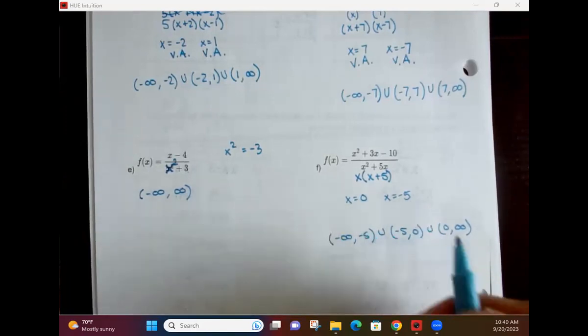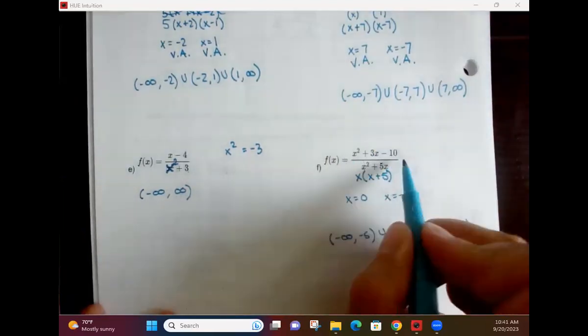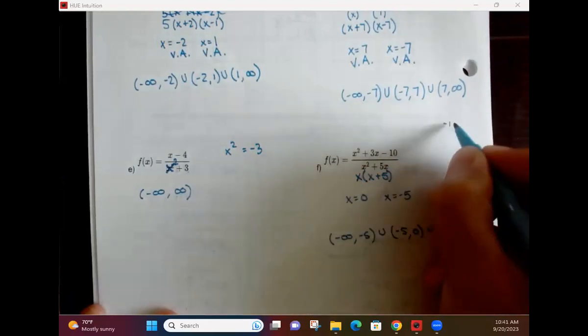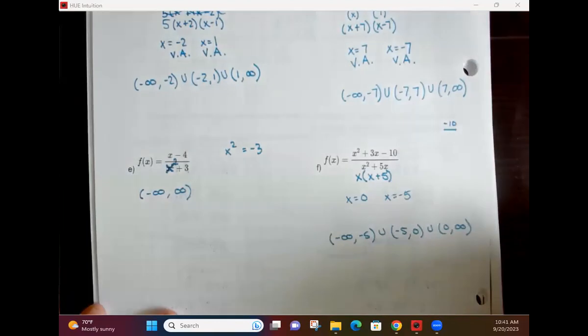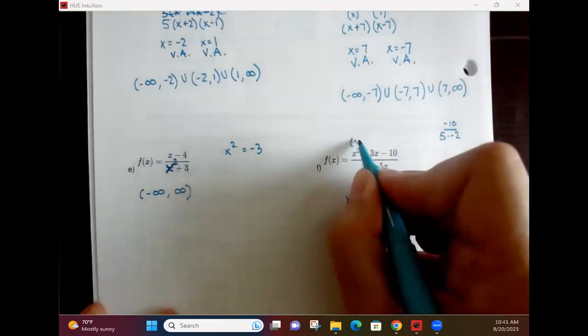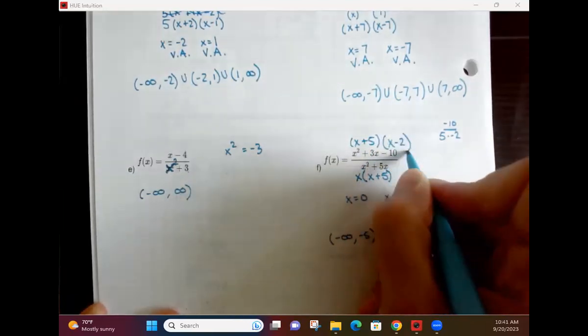In order to classify these, we have to factor the top as well to see if any of these will reduce. So on top, I have a trinomial. Lead coefficient is 1. So this would be factors of negative 10 that add to 3. That would be 5 times negative 2. So I have x plus 5 times x minus 2.